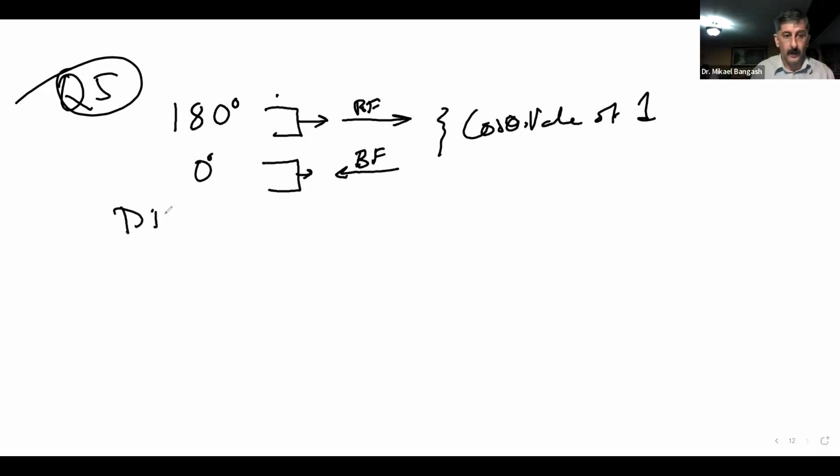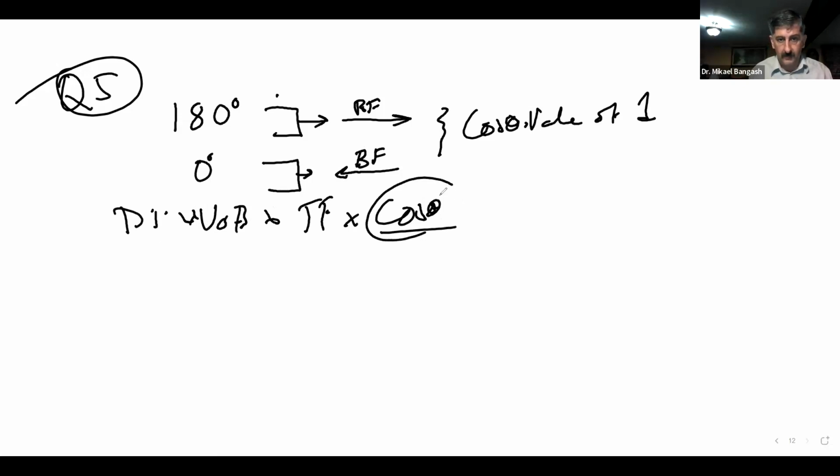Whereas your whole Doppler shift equation, that 2 is fixed: the velocity of blood times the transducer's frequency times the cosine theta angle. All this is going to just be multiplied by the greatest number, which was 1.